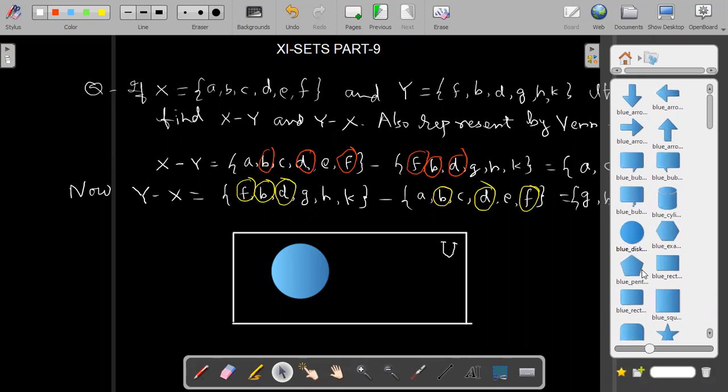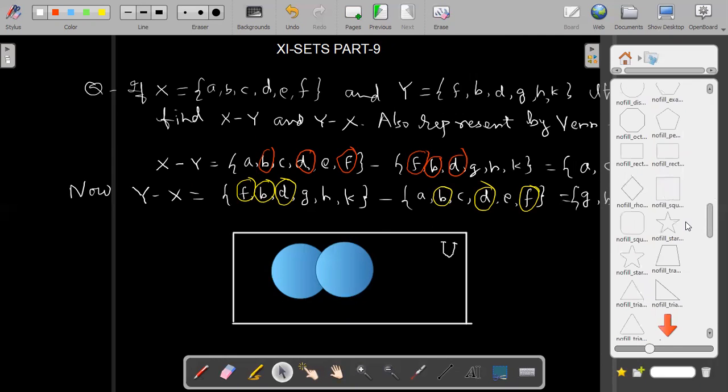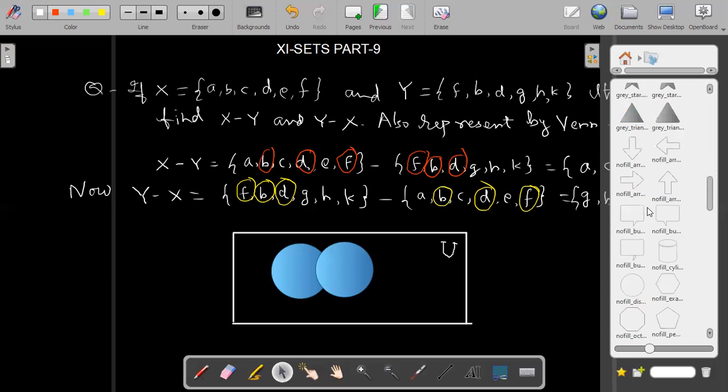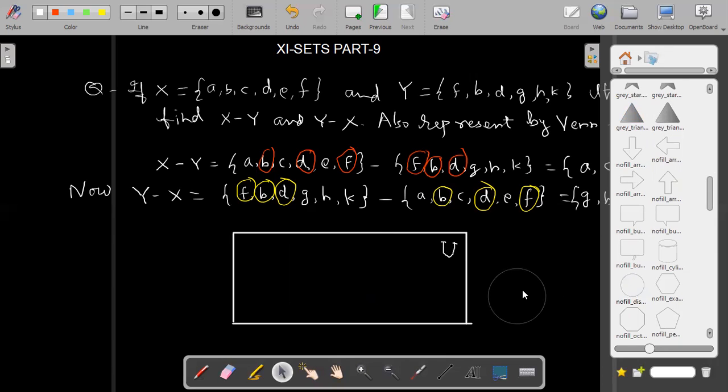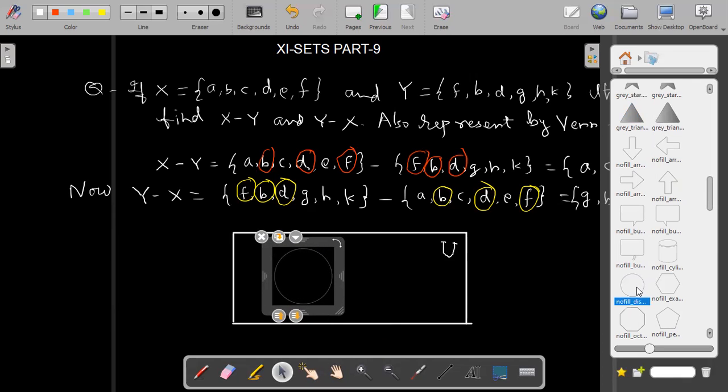No. So like this, we can have two sets. Yeah, we got. So I need this type of circle, not this one. So this is set A, and this is set B.